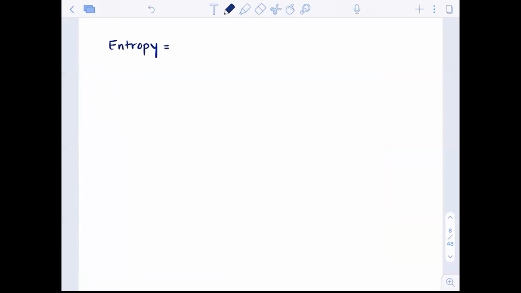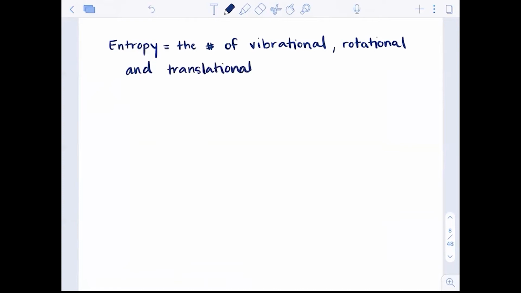It can be describing the molecular disorder or randomness, but what we really want to say is that entropy is the number of vibrational, rotational, and translational states of energy of a compound.